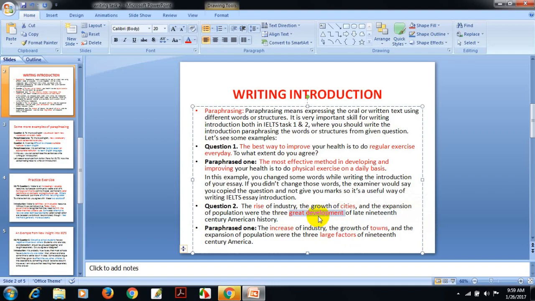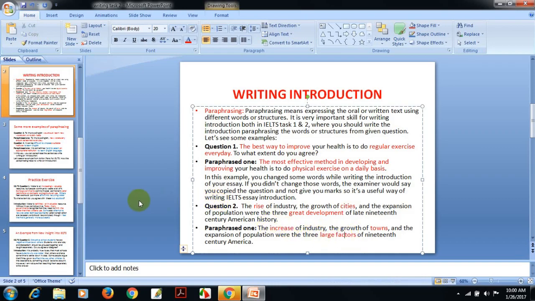You don't have to copy, just change: great development, large factor, large achievement, large improvements of 19th century America.